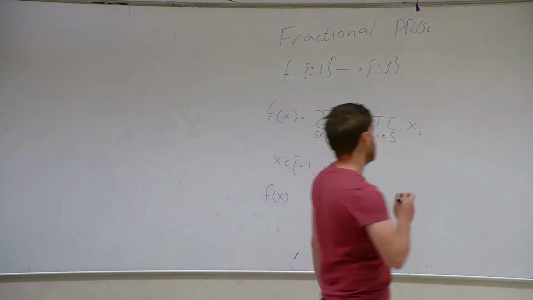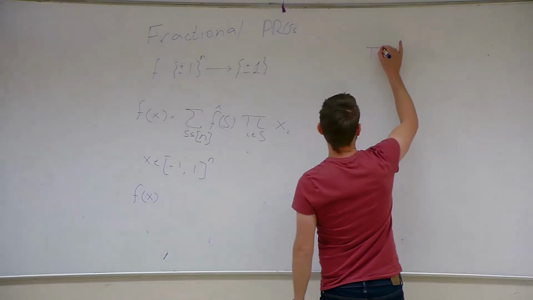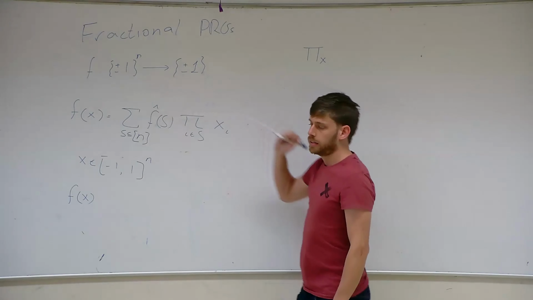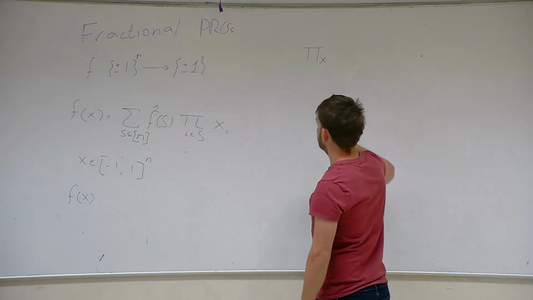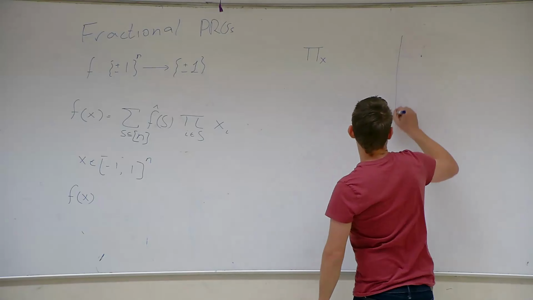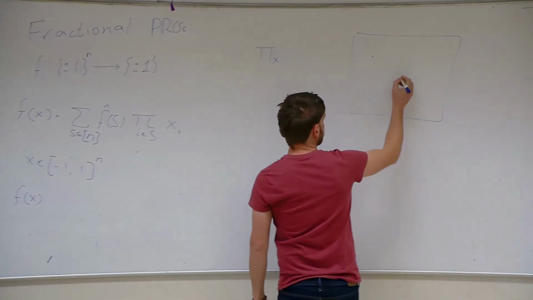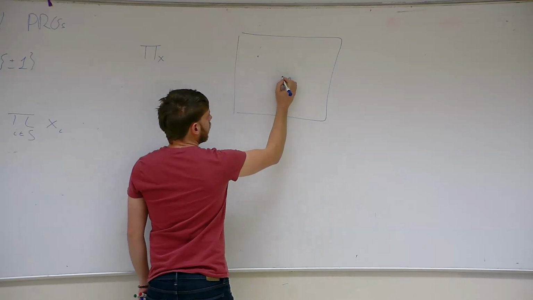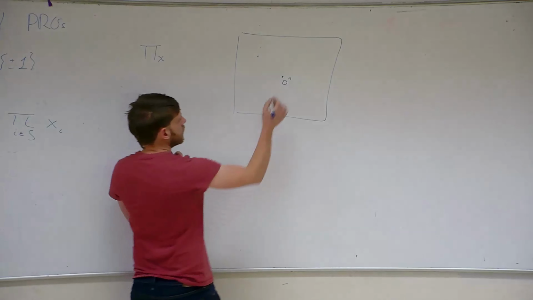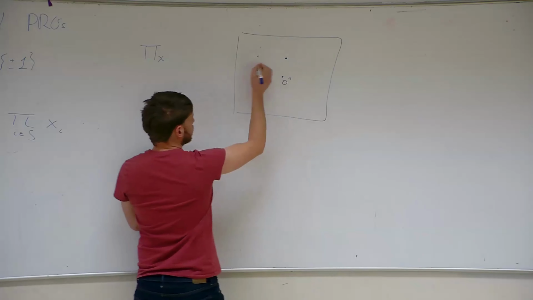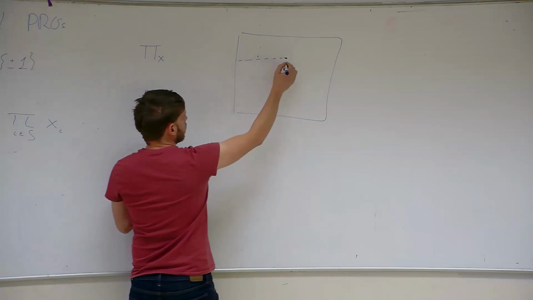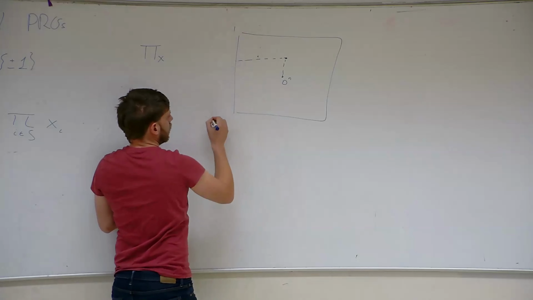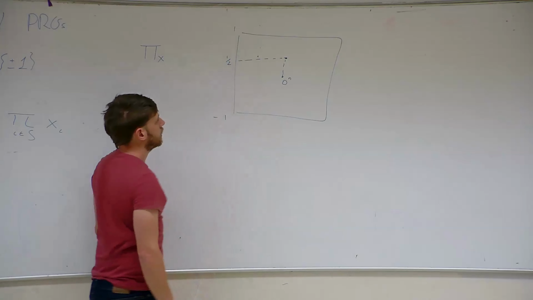It's the same as defining pi x, which is a distribution on the Boolean cube. So let's draw the Boolean cube. And this is 0 to the n. Let's say I plug in 0 in the x coordinate and 1/2 in the second coordinate.